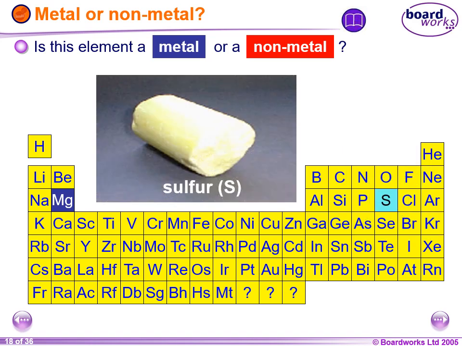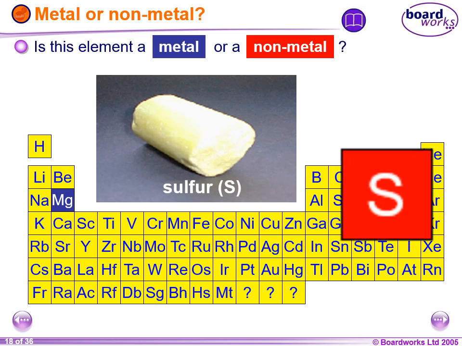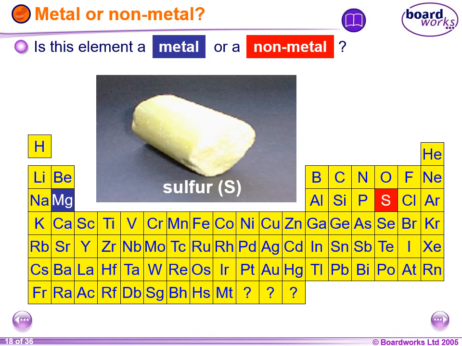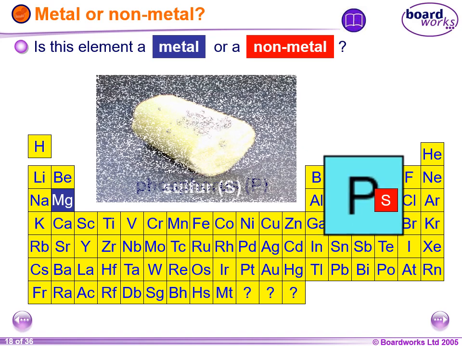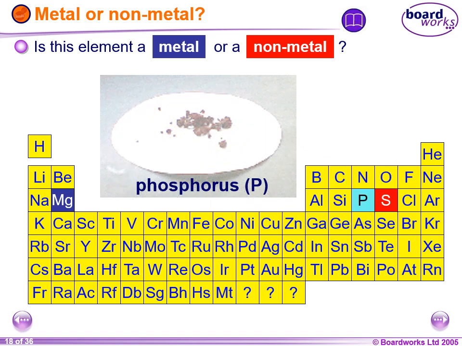Sulfur. Metals or non-metals? Okay, non-metals. Next. Phosphorus. Metals or non-metals? Okay, non-metals.